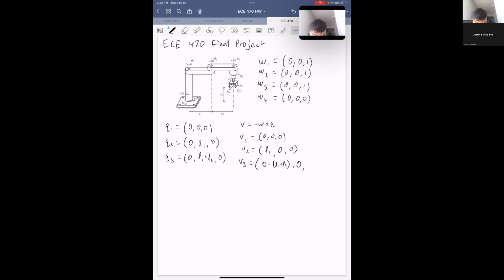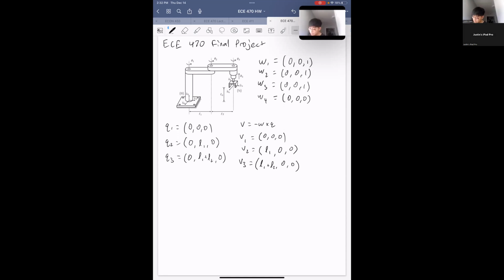And then that last term, a1 times b2, which is 0 times this term. So it's 0. And then a2 times b1, which is also going to be 0. So then this is v3, but this is just omega cross q. We need negative omega cross q. So this is going to be positive again. So then this will be L1 plus L2, 0, 0.